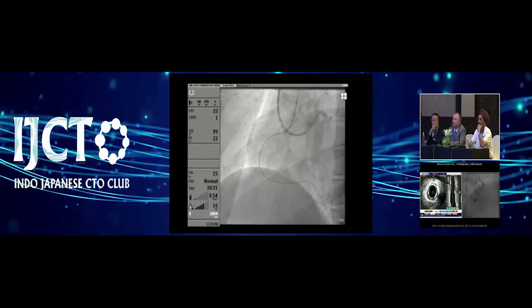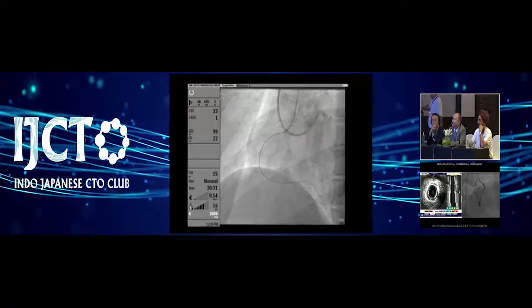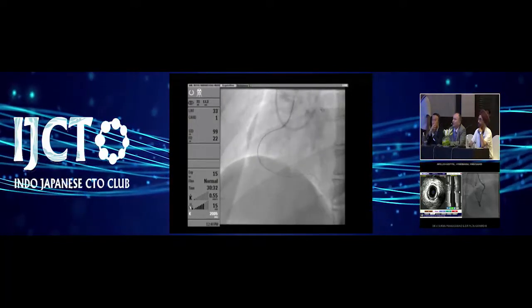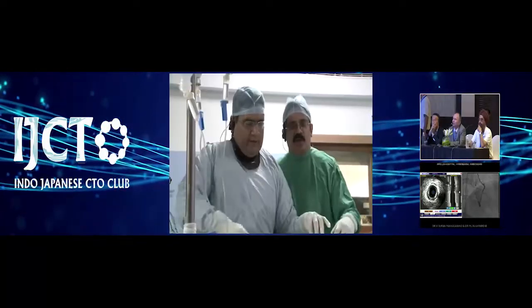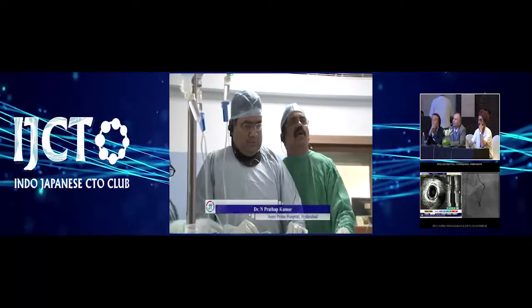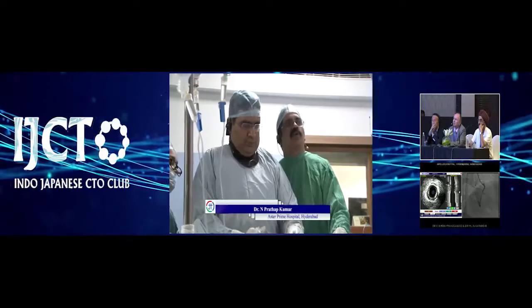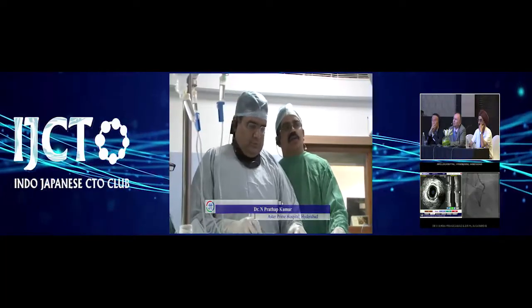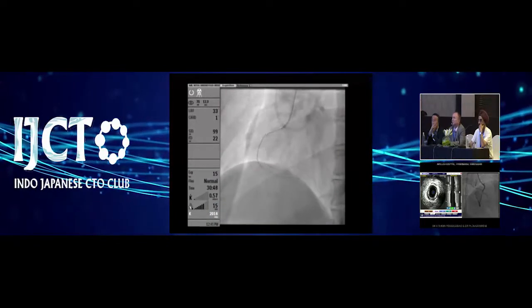The wire is gone. So, Dr. Pratap Kumar, we are back with you. Yeah. We have dilated with a balloon but could not go distally, so we have taken another balloon. Then we have taken a 2 millimeter balloon, and now we are going to take an IVUS and see what the situation is.